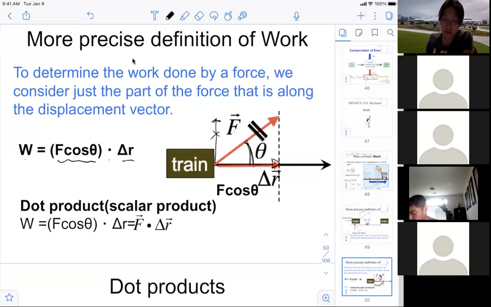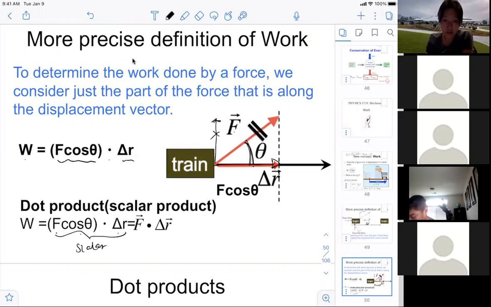And at this point, we realize, wait a minute, this part is math. That looks very similar to something in math called a dot product, or a scalar product, between two vectors. Because F times cosine theta times delta r is a scalar, meaning it's just a number.